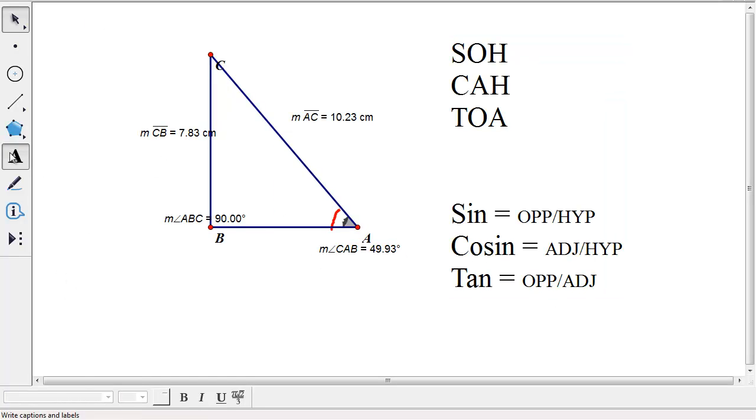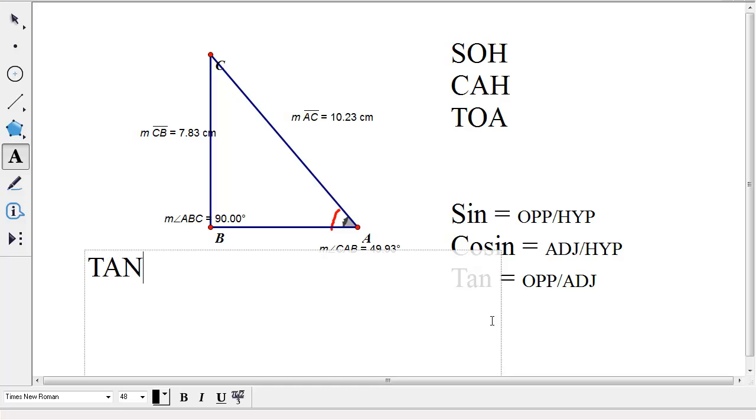So tan of 49.93 degrees equals opposite, 7.83 centimeters, divided by, we'll call that side Y.